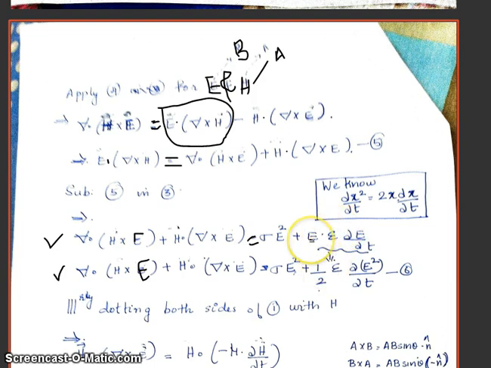The last term, instead of E epsilon dou E by dou T, I have rewritten as half epsilon dou E square by dou T. We have already studied that dou x square by dou T is equal to 2x into dou x by dou T. Making use of that principle, the last term of equation 6, half epsilon dou E square by dou T, can be written as half epsilon 2E into dou E by dou T, which is the same as the earlier term.